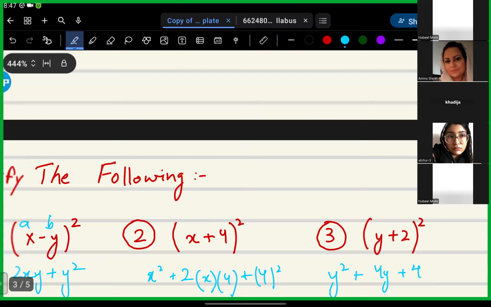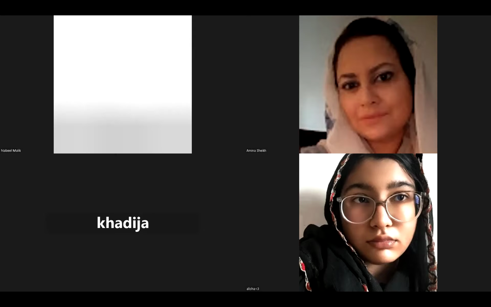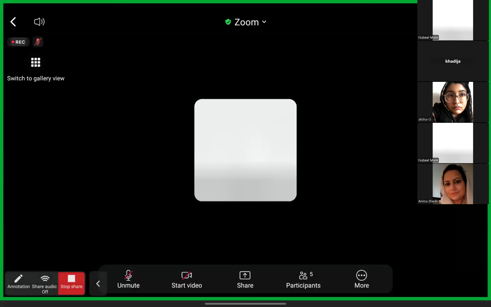Screen is gone again, officially. What's going on?